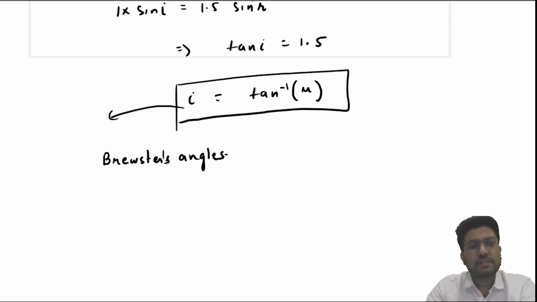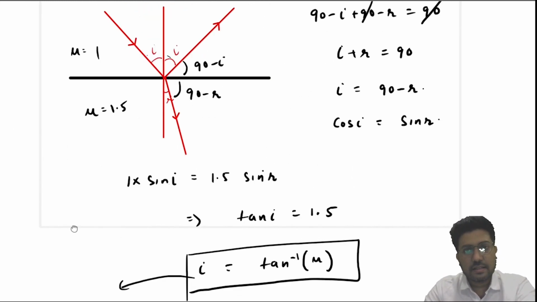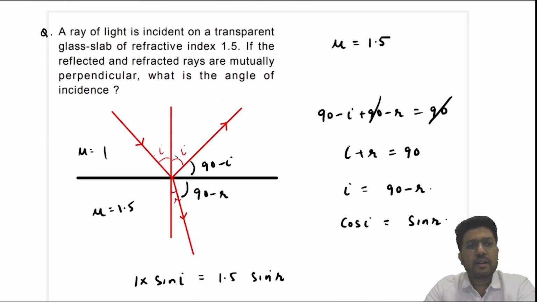In wave optics we will study Brewster's law in detail. Okay, so whenever light is getting reflected as well as refracted, if at one particular angle of incidence the angle between the refracted ray and the reflected ray becomes 90 degrees, then that angle, which is equal to tan inverse mu, is called the Brewster's angle, right?